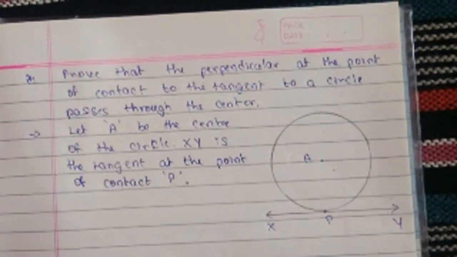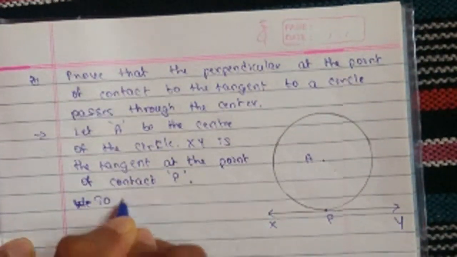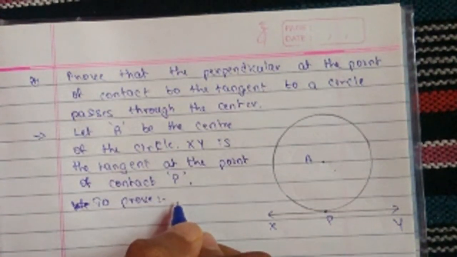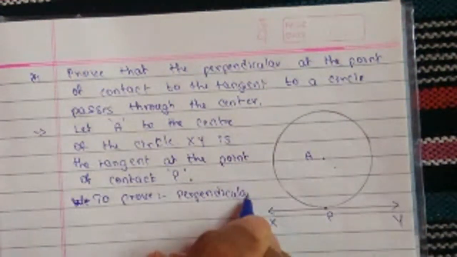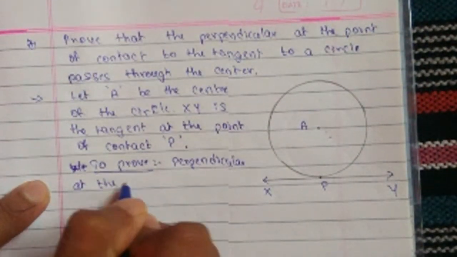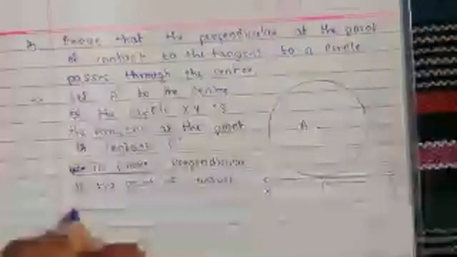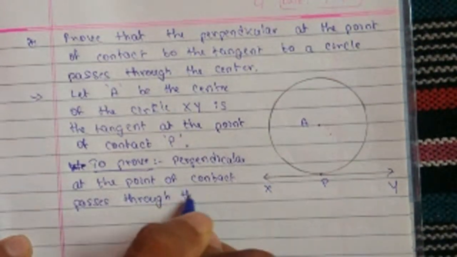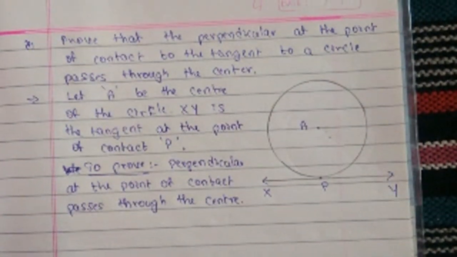That one we have to prove, or directly, to prove the perpendicular at the point of contact passes through the center of the circle. That one we have to prove.